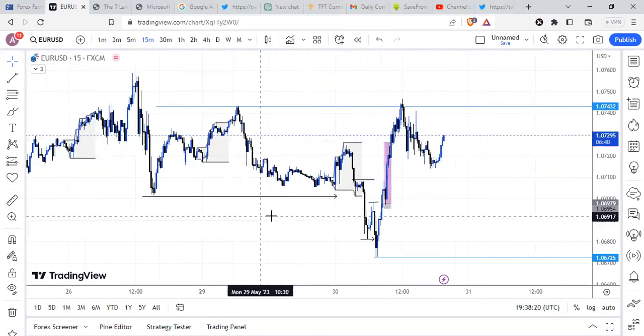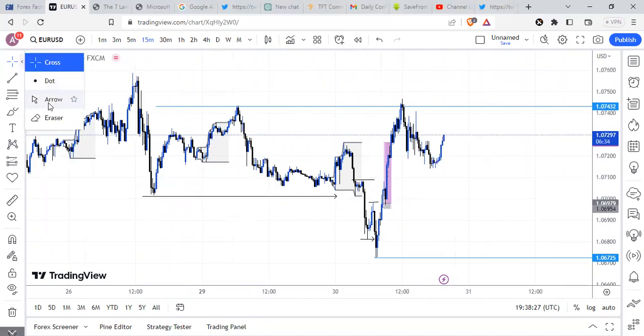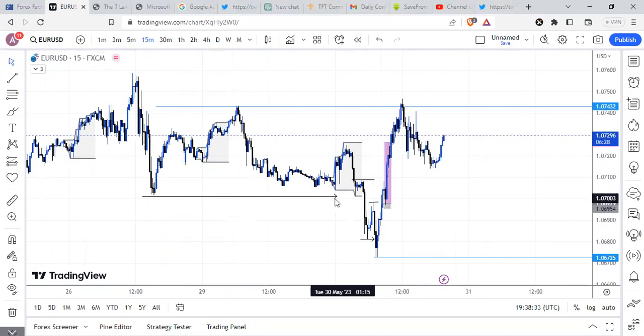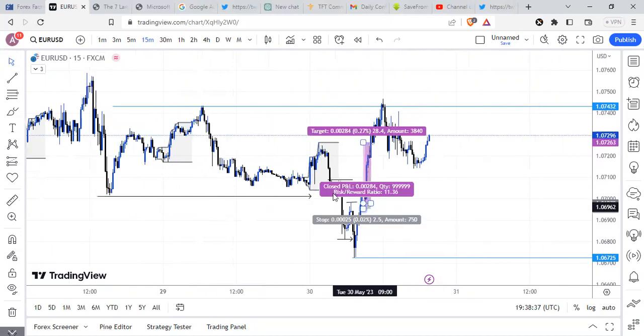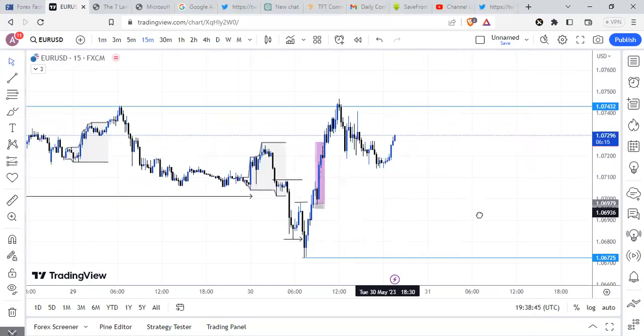When the market came and took out this previous low right here, I was like, okay, the market is going to continue the downtrend, of course. But then when I saw that it further broke structure to the downside, what I was looking for now was areas of liquidity where price was going to retrace to take out liquidity and then continue selling to the downside. So that was exactly what I was looking for.